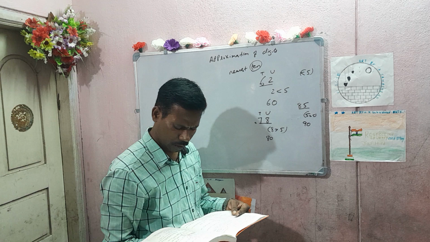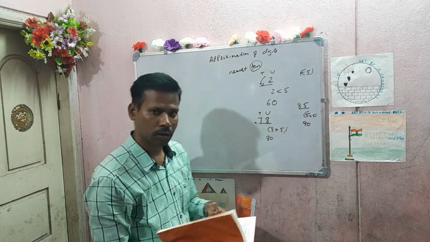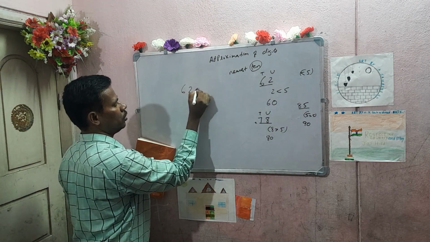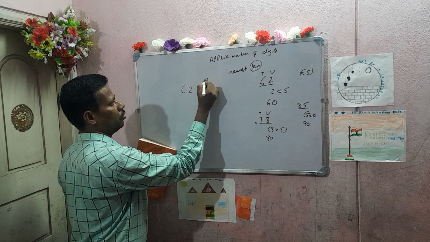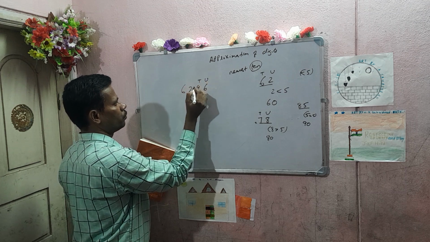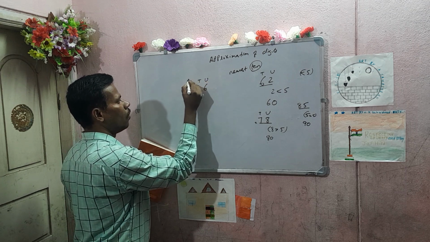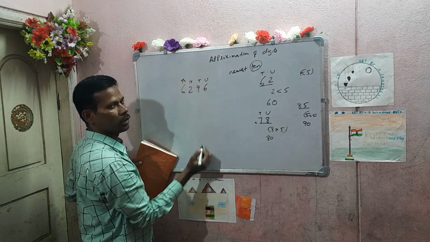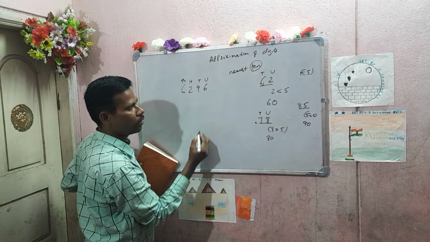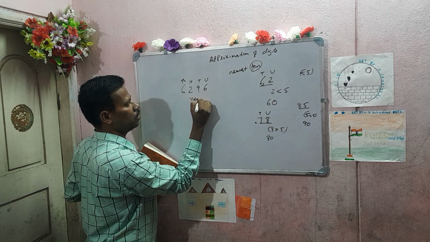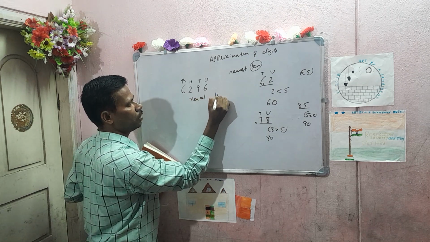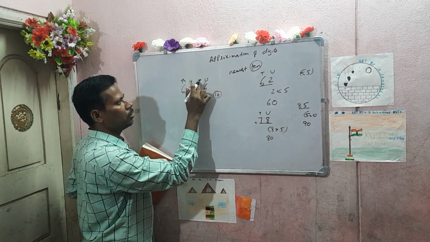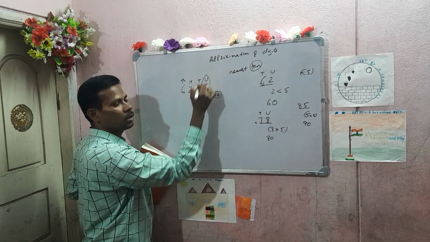Another question. 6296. Units, tens, hundreds, thousands, leave it. Now here, what is nearest to 10? Nearest to 10 means you have to see the units place.